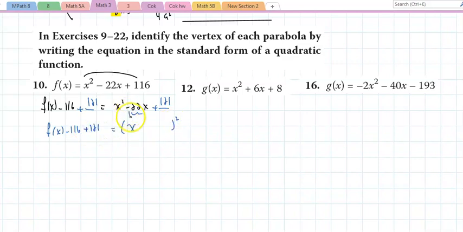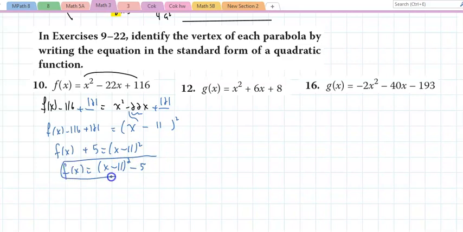X with that sign, the number before I squared it. And if I really add those, that is a 5. And I could say f of x equal x minus 11 squared minus 5. And if I get it in this form, I could say easily the vertex is 11, negative 5.